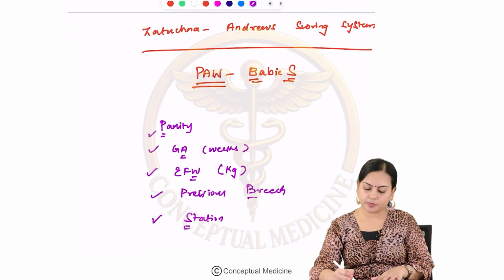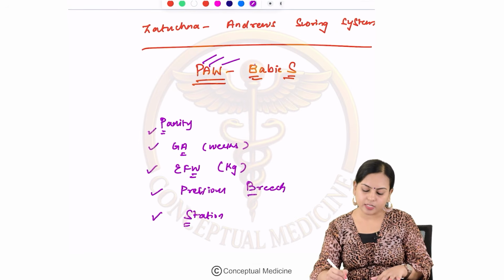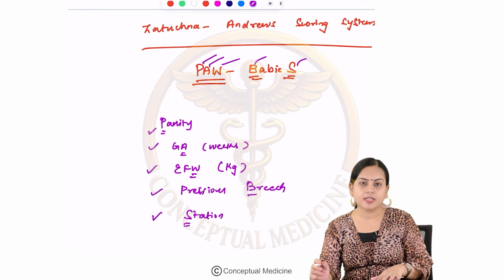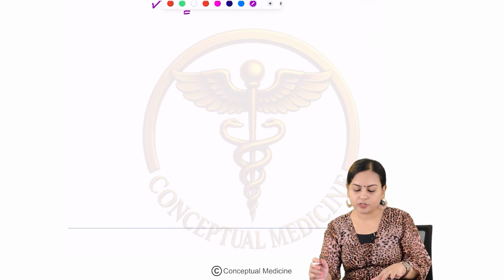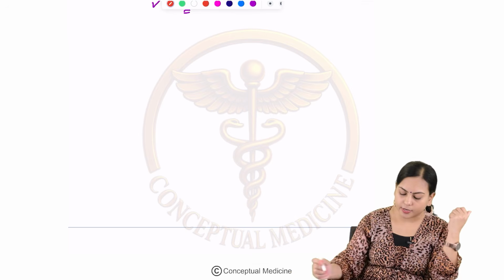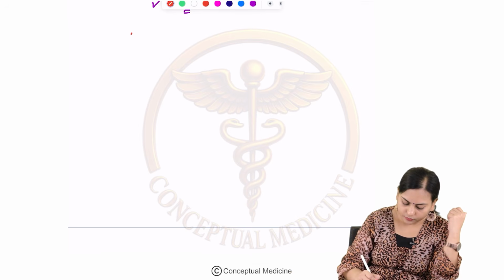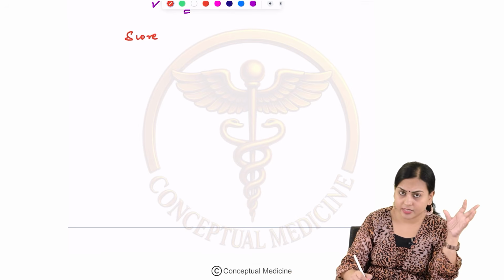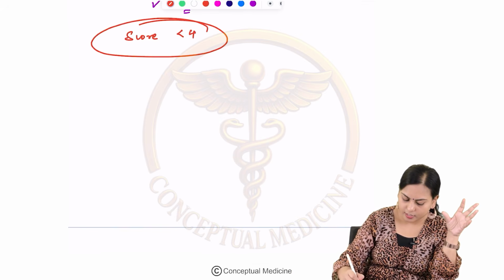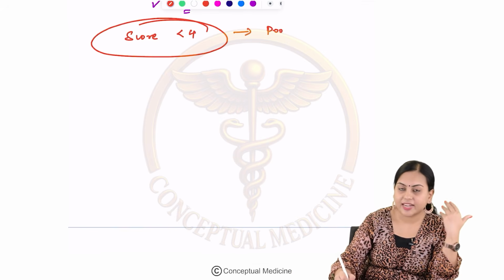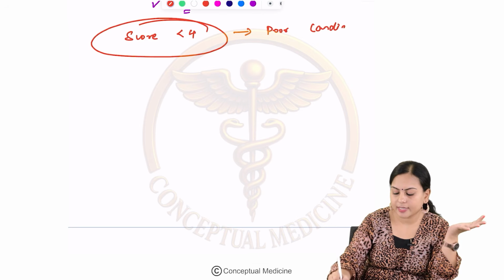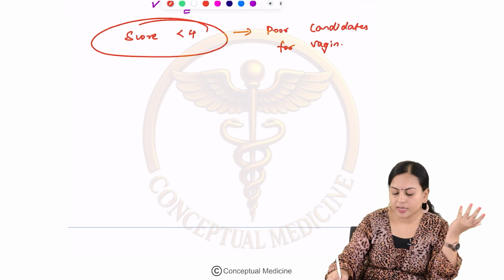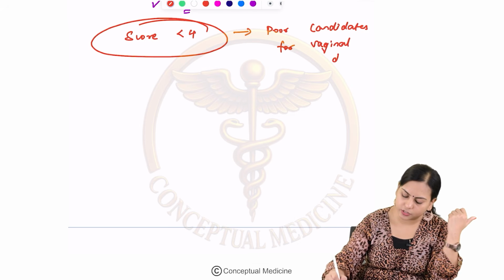Clear? So, it is parity, gestational age, estimated fetal weight, then previous history of breech, and then station of the fetal head. Okay. So, these are the factors that are considered for the scoring system. And then remember, suppose if there is a score less than 4, then they are poor candidates for vaginal delivery. That means this becomes another indication for cesarean section.